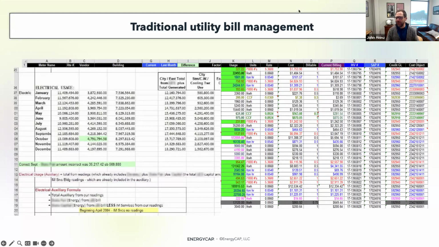Well, now I need to do a conversion of currency or a unit of measure because I got billed in CCF, and I now need it to be decatherms, to roll up data across different units of measure. So a lot of spreadsheets have formulas and all these things embedded in them, and they become difficult to look at and to manage.